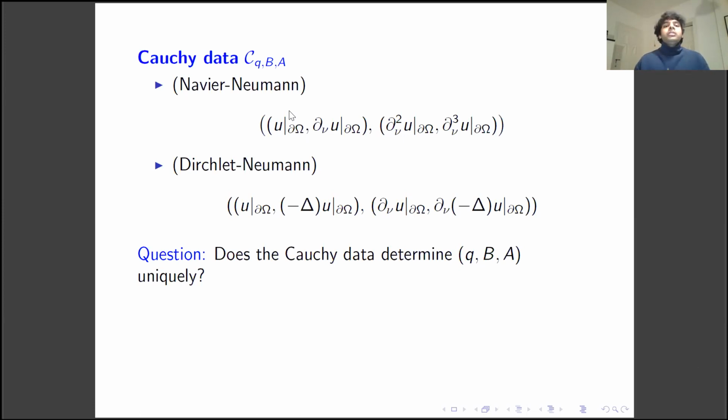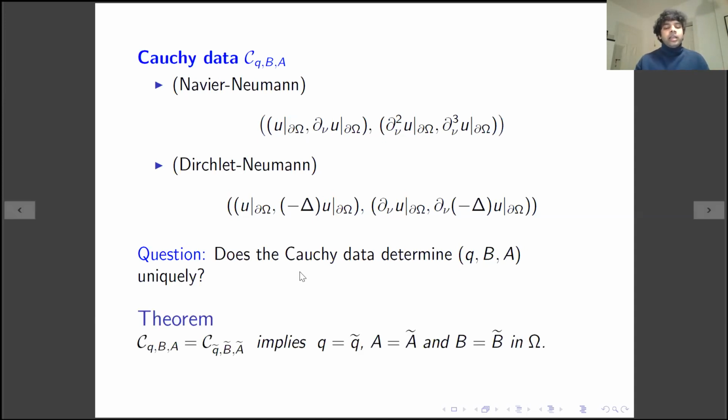So the question is, if we choose one of these Cauchy data, does this Cauchy data determine Q, B, A uniquely? And here is our theorem. It says that if you give two Cauchy data for two different sets of Q, B, A, with our notation Q, B, A and Q tilde, B tilde, A tilde, then if you have this equality of the Cauchy data, that implies that Q equals Q tilde, B equals B tilde, and A equals A tilde.